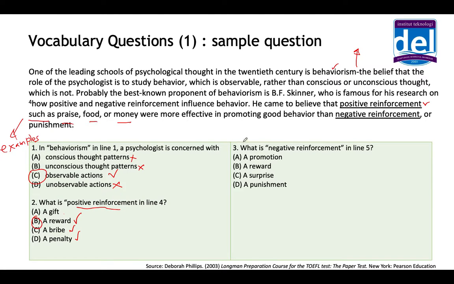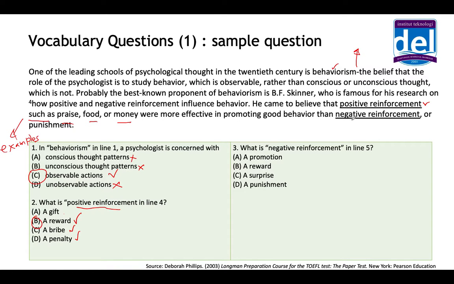And now let's look at the last question. What is negative reinforcement in line 5? This is like the opposite of positive reinforcement. The options say a promotion, a reward, a surprise, and a punishment. What we can do here is find the structural clue that is used.